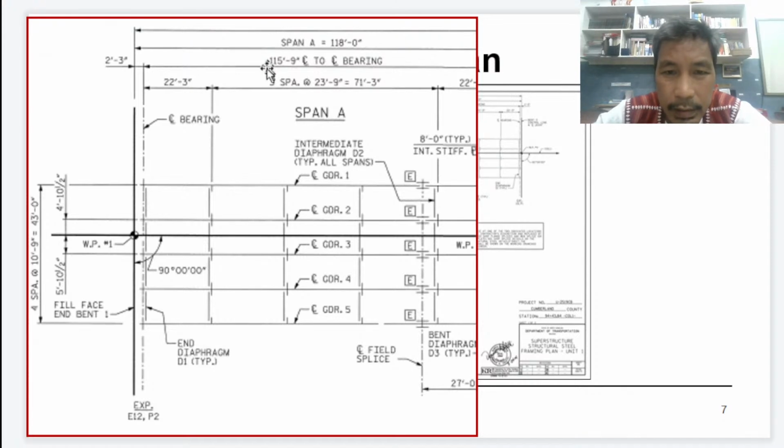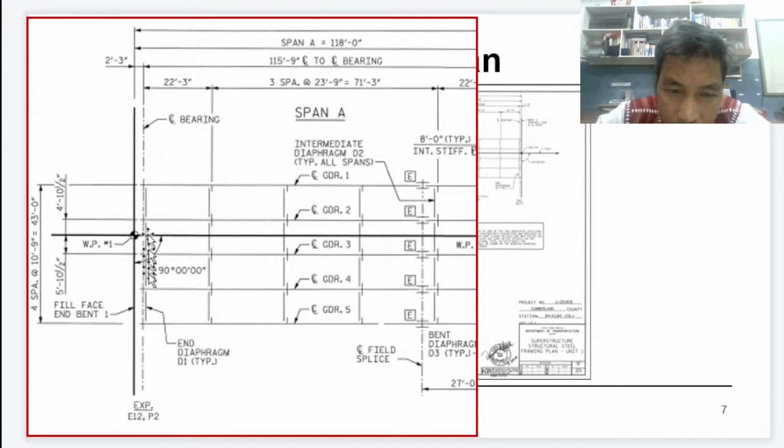Span A, 115 feet 9 inches, center to center bearing. Meaning to say, there is a bearing here. As you can see, this is the center line of the bearing.